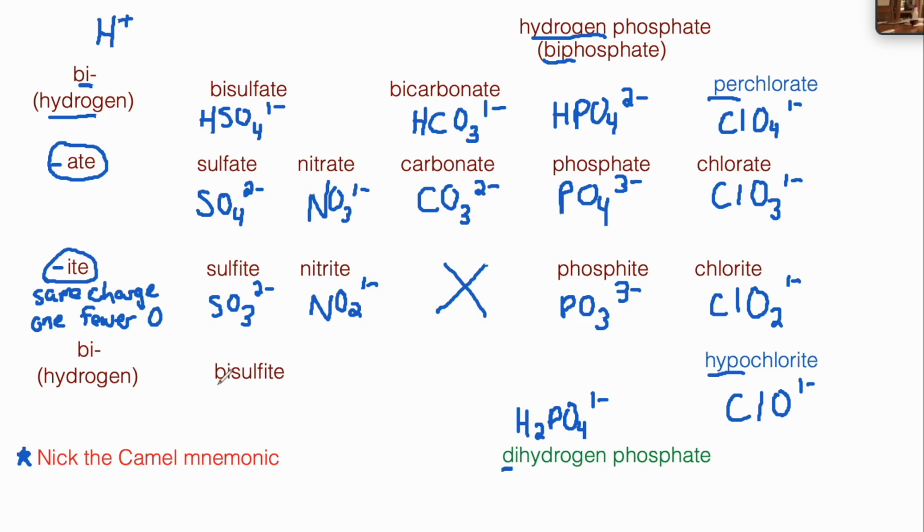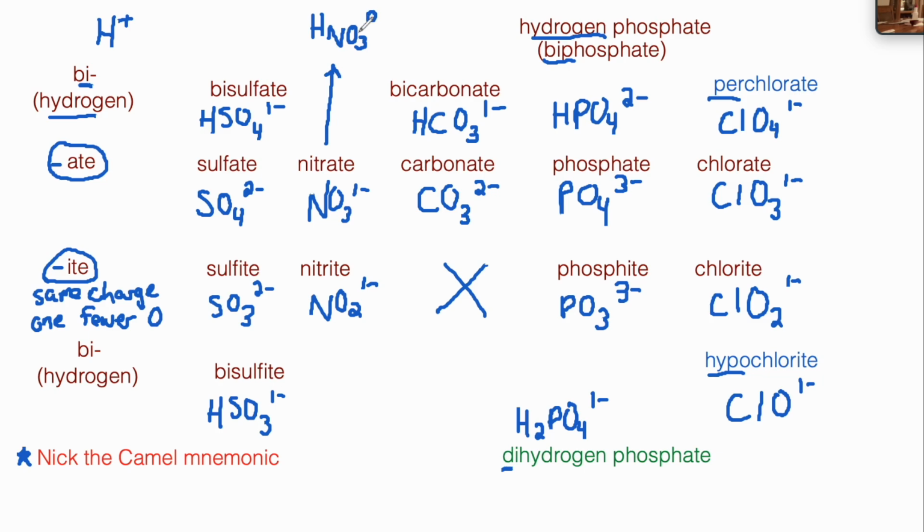Oh wait, one more over here, the bisulfite. Sulfite can also have an H plus added to it. That would make it HSO3, and the charge would go down to a -1. So the nitrate really doesn't have this happen, because if we added an H plus to the nitrate, we would have HNO3, and the charge would go down to 0, which makes it not an ion anymore.